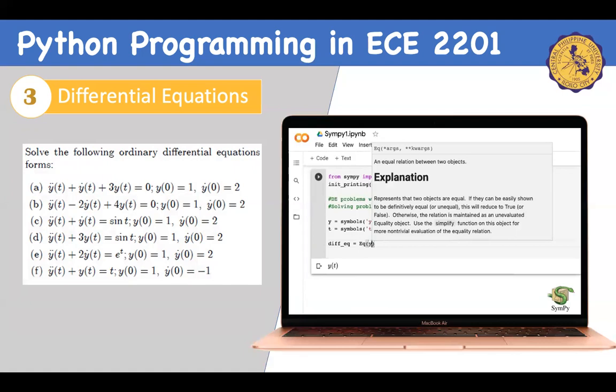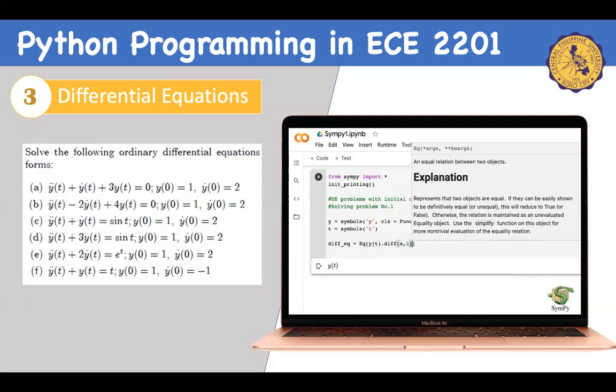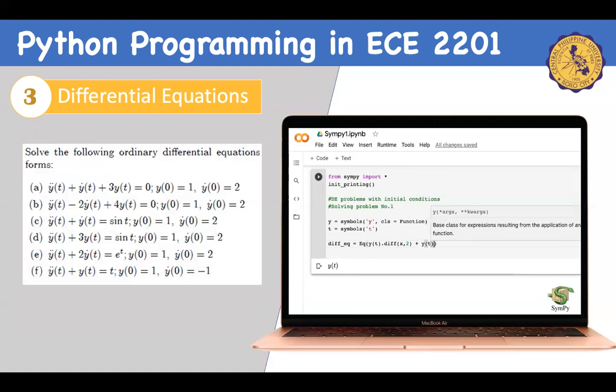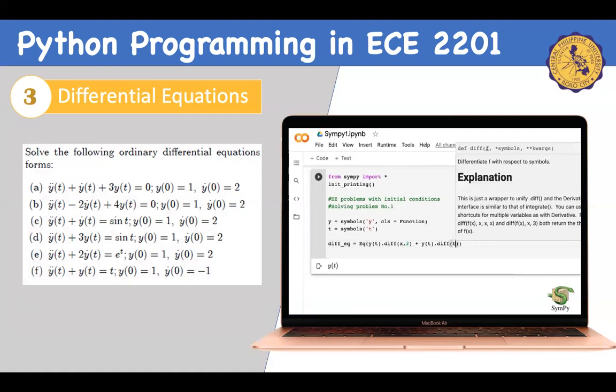Okay, the second derivative is y(t).diff(x, 2), because that's the second derivative, plus y prime t. So you can say y(t).diff(t).